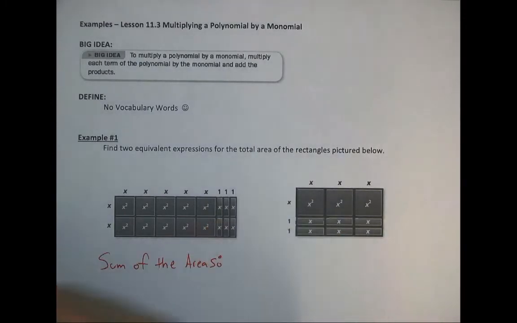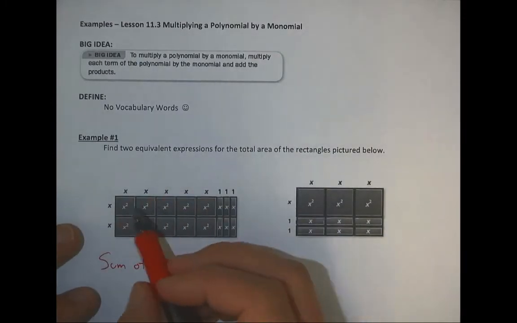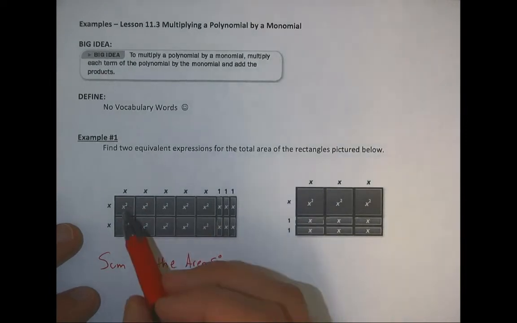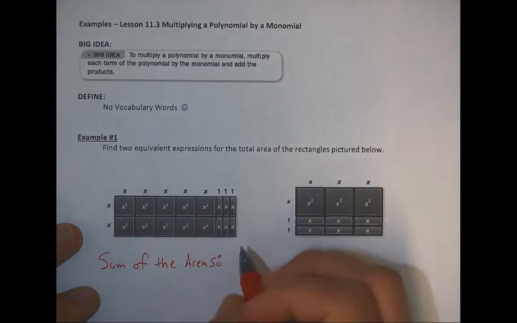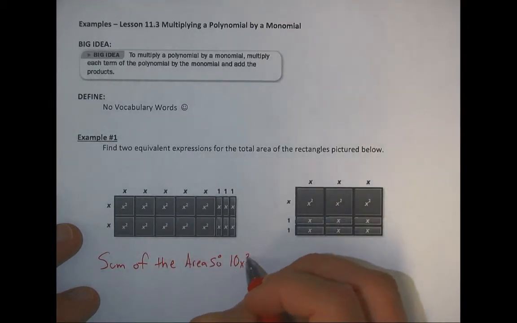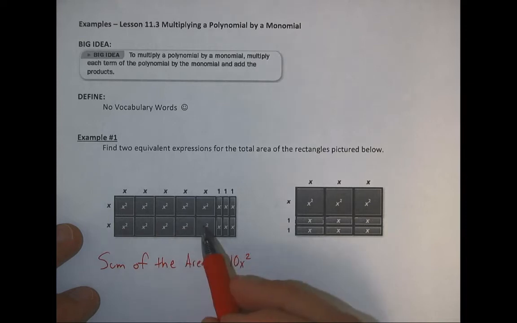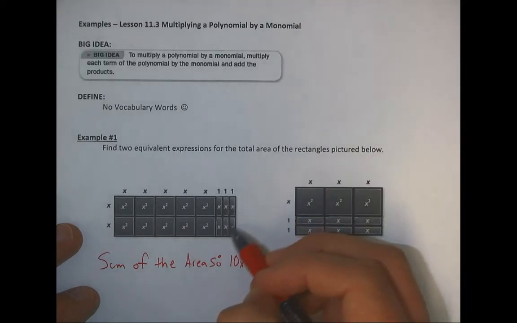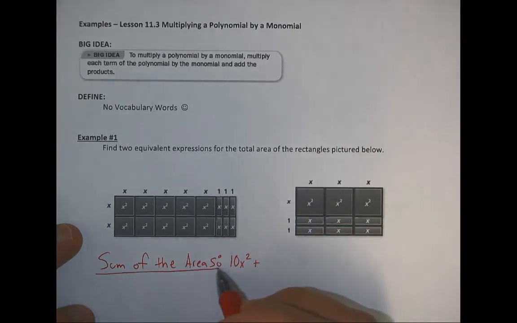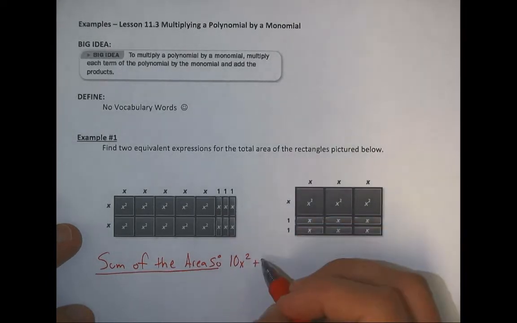And we know you can't add those together. They stay separate. But I can count how many x squareds I have: 1, 2, 3, 4, 5, 6, 7, 8, 9, 10. So I have 10x squared. That would be the area of all of this, plus the area of everything over here. I have 6 x's, so 6x.